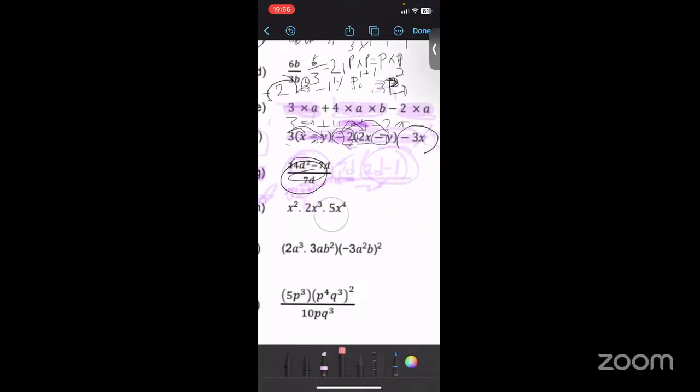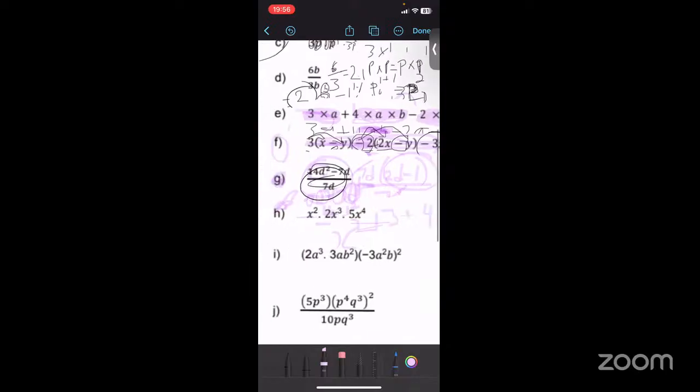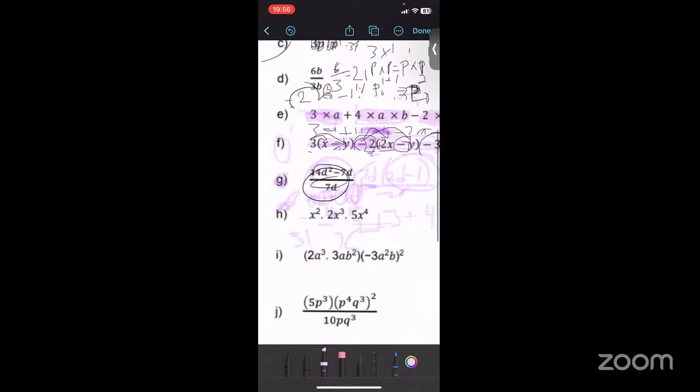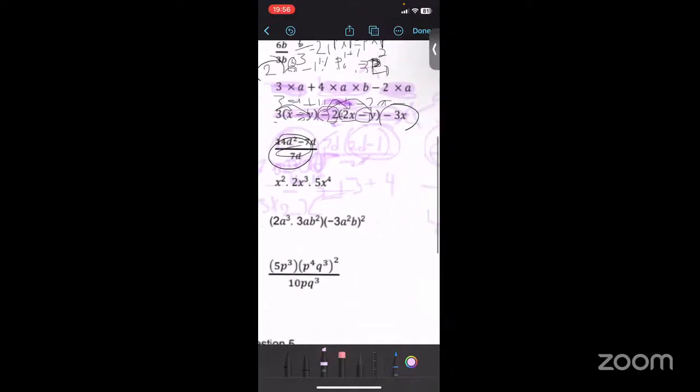And what happened to the coefficients? You say 5 times 2. Then what's going to be my final answer?